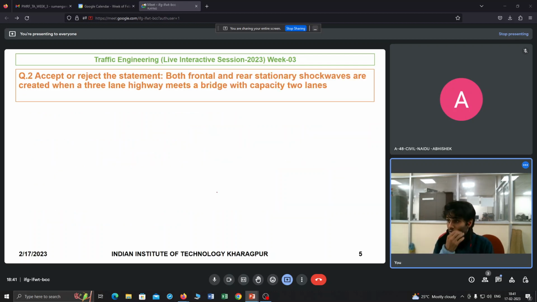Okay, then we come to the next one. Both frontal and rear stationary shockwaves are created when a 3-lane highway meets a bridge with a capacity of 2 lanes. Is it true or false? Tell me.